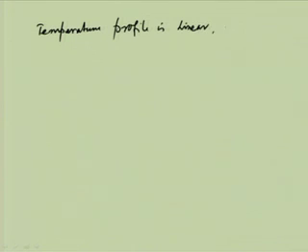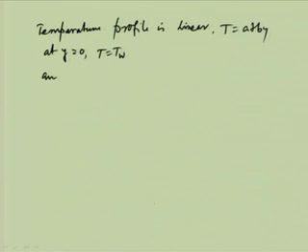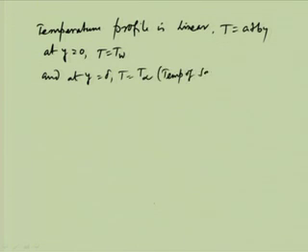That means T equals A plus B y, and we know the conditions: at y equals 0, T equals T w, and at y equals delta, the film thickness, T equals T infinity, which is the temperature of the saturated vapor.